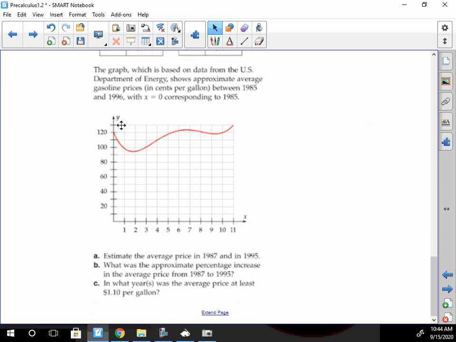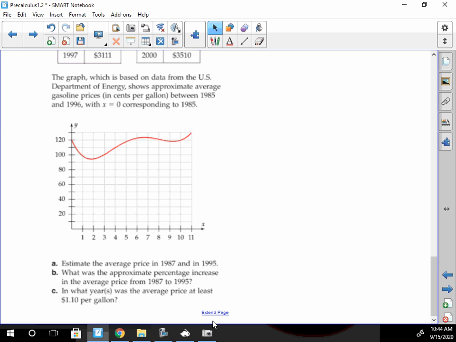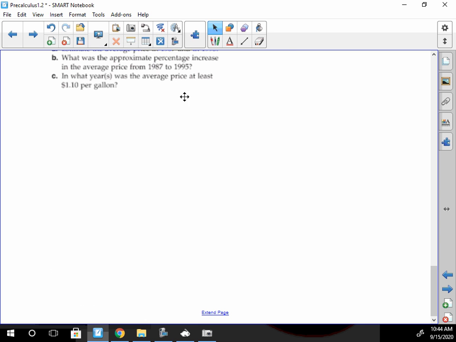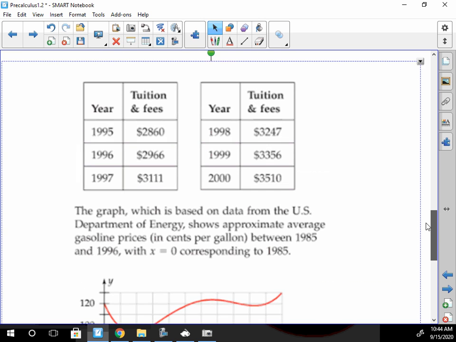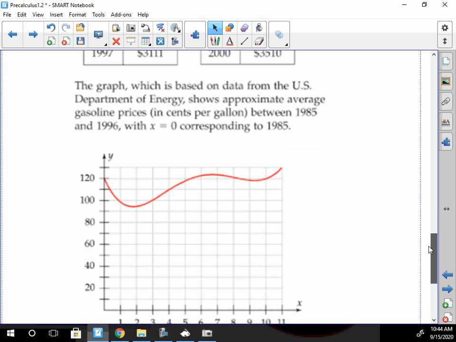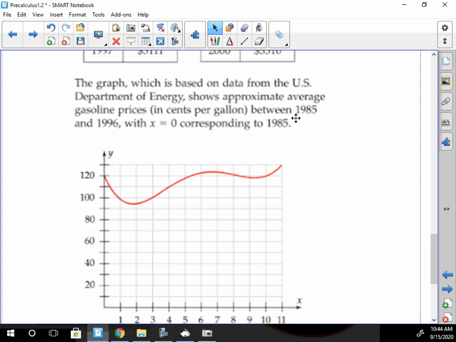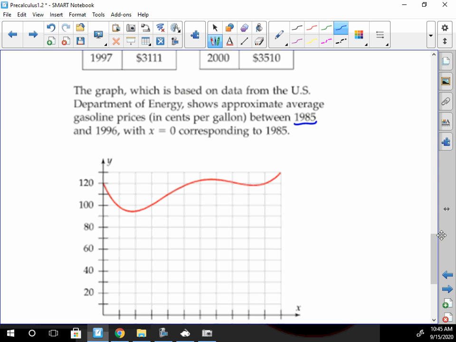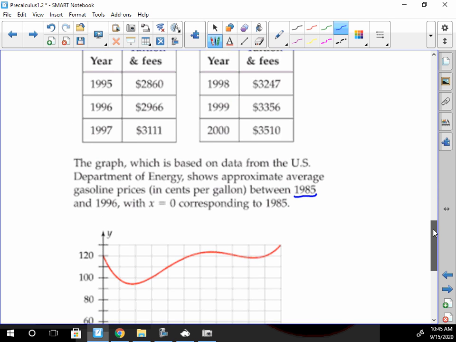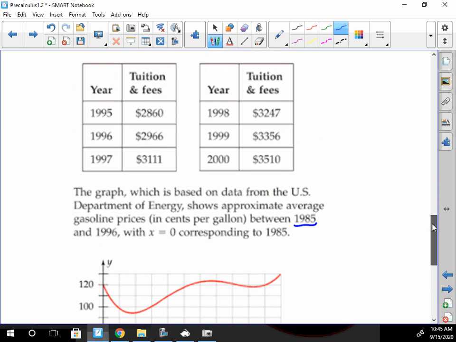This graph was a little more difficult, mostly because I left some pertinent information off. This graph started in 1985. I think in the original one I did it, I might have left something off of that. It starts in 1985.